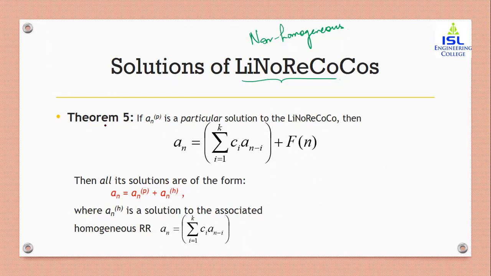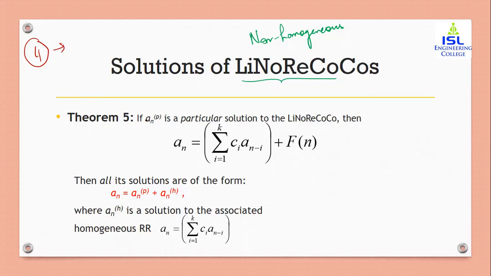So this is theorem 5, continuing with the same sequence. You have to remember that the first four theorems are for homogeneous and the fifth theorem is for non-homogeneous.